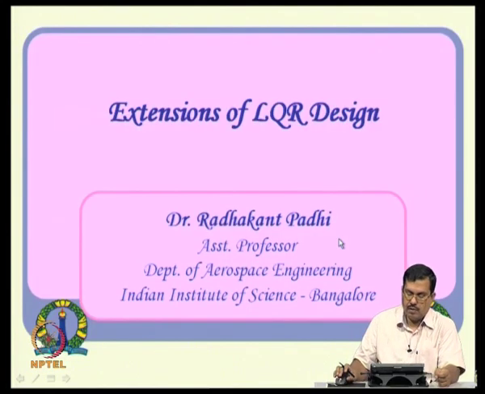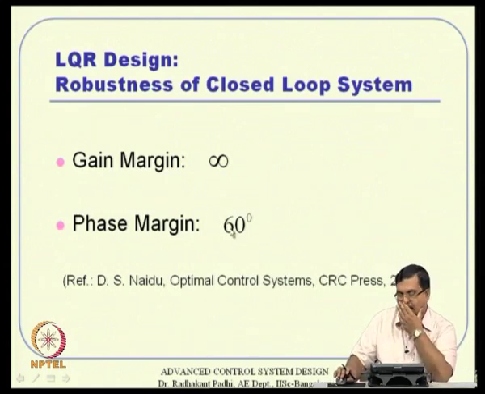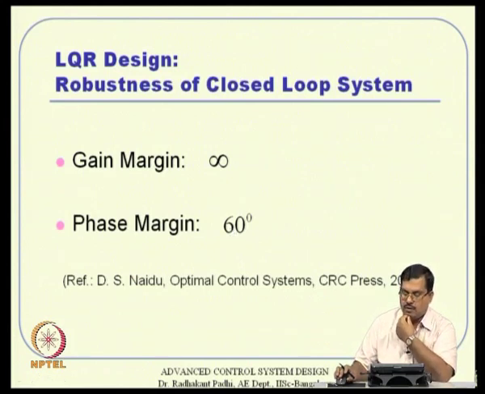Now, extensions of LQR, but okay, before I proceed further, also remember the moment the states are not fed back in the exact sense, that means you consider the so called LQG design, where the state needs to be estimated through an observer or filter, then these properties are lost. Okay, that is a major drawback, a major hurdle, and that is why people talk about LQG/LTR design.